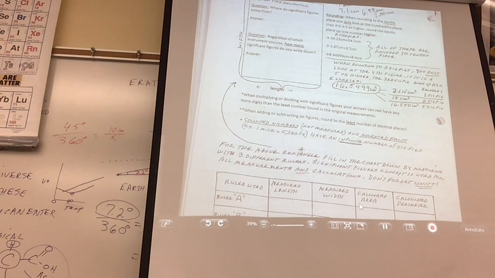At this point, you don't have to put it in scientific notation, but you can, and that'll still show me the right number of sig figs.